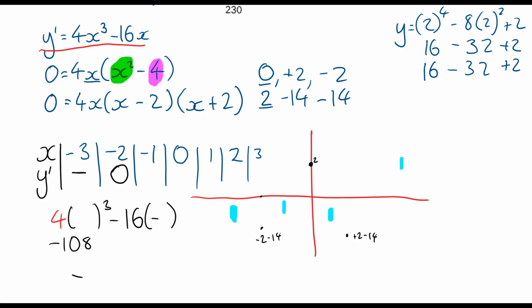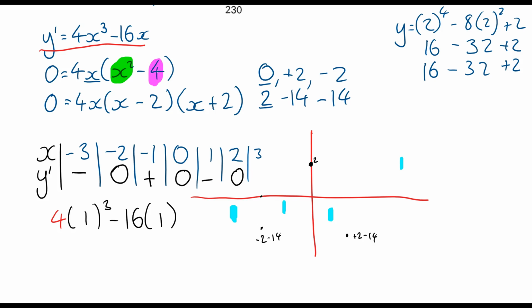-1 into our derivative gives us -4 minus 6. -4 plus 16, so it's going to be a positive gradient. Then it's going to be 0 again. 1 is going to give us 1 times 4 minus 16, so that's going to be a negative gradient. 2 is going to be 0.